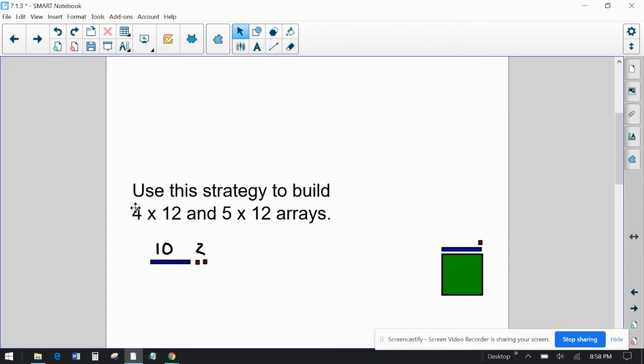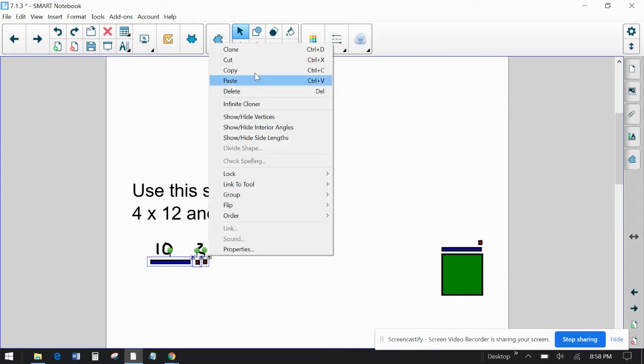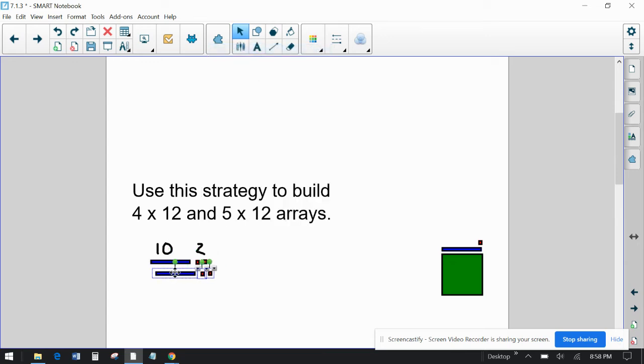But we're going to do it 4 times. So I'm going to just clone this a couple times here. Clone. So there's 2 times. And if I double that once more, we'll get to our 4th one. So we have 12 going down, and each row has 12.